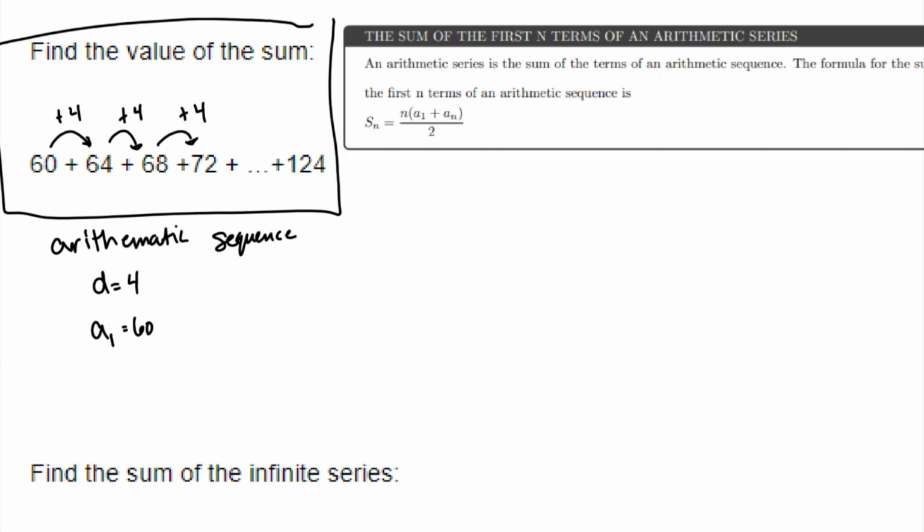Instead, I could remember that we have this helpful formula for if you've ever got a series in an arithmetic sequence that's being added all together, you can find the sum of the first n terms using this formula.